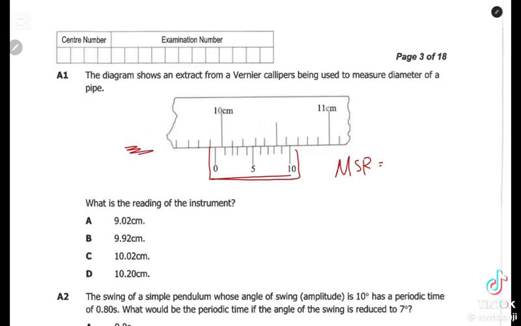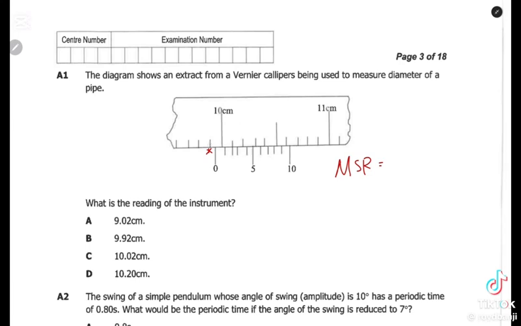Starting from this side, you shouldn't cross this line. Immediately before the start of the vernier scale, you pick the reading for the main scale. Therefore our target is this division.